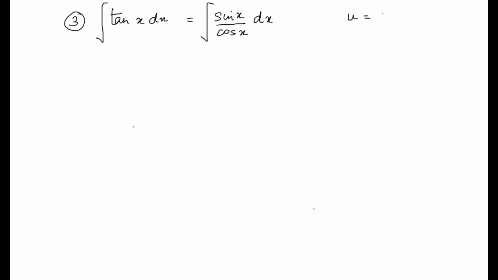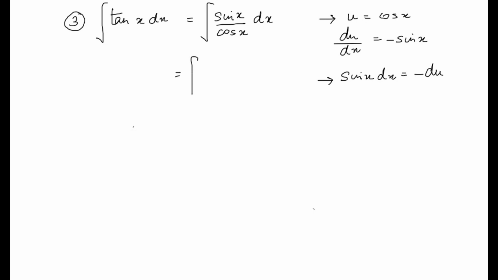u is equal to cos x, differentiated. So du by dx is negative sin x. We have a sin x dx here, so sin x dx is negative du. Now we substitute u and the sin x dx into this.